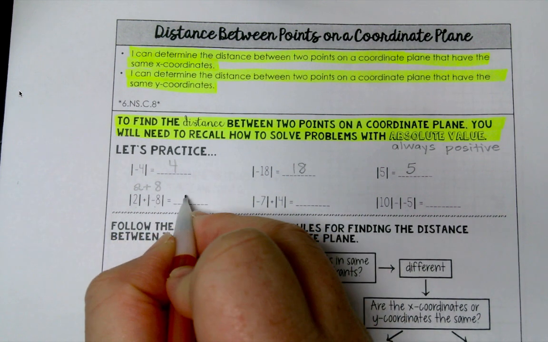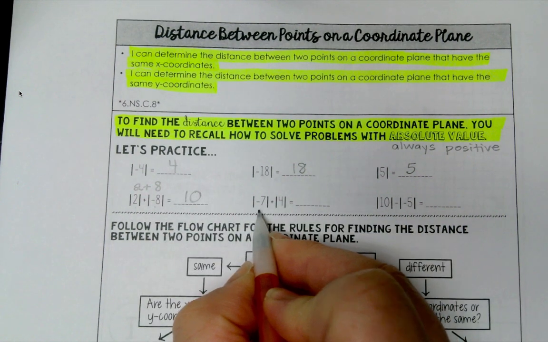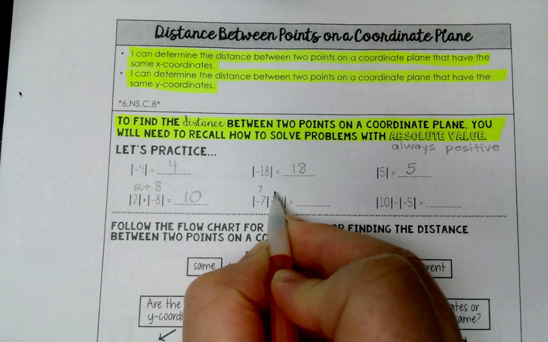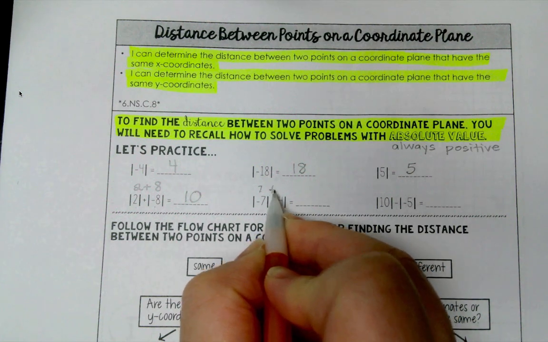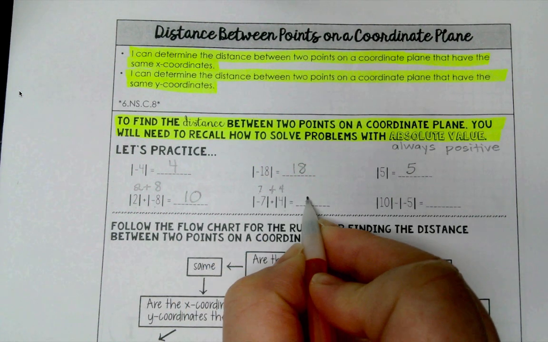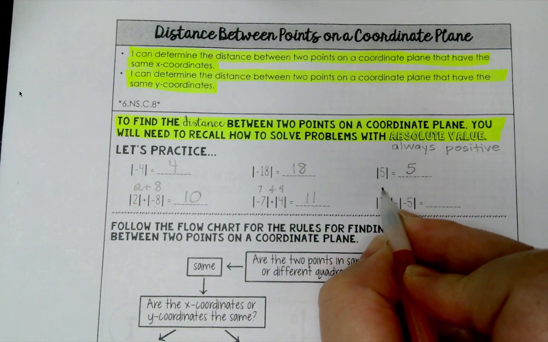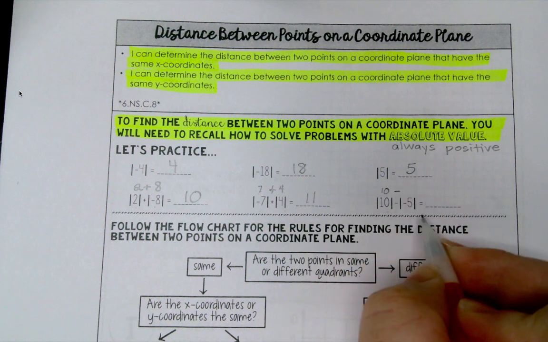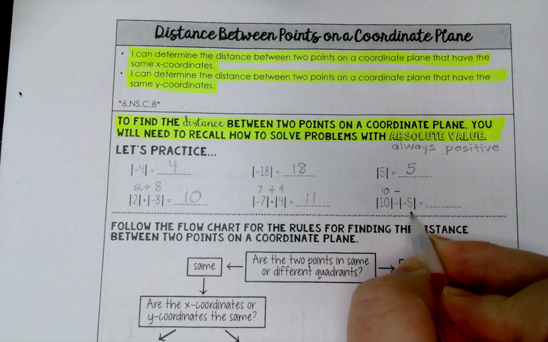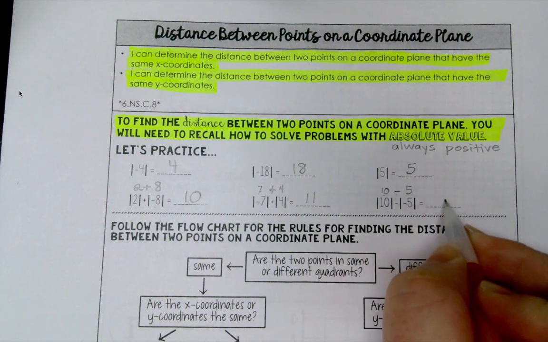So 2 plus 8 is 10. Then I have the absolute value of negative 7 is 7, plus the absolute value of 4 is 4. So 7 plus 4 is 11. The absolute value of 10 is 10 minus the absolute value of negative 5, which is positive 5. So 10 minus 5 is 5.